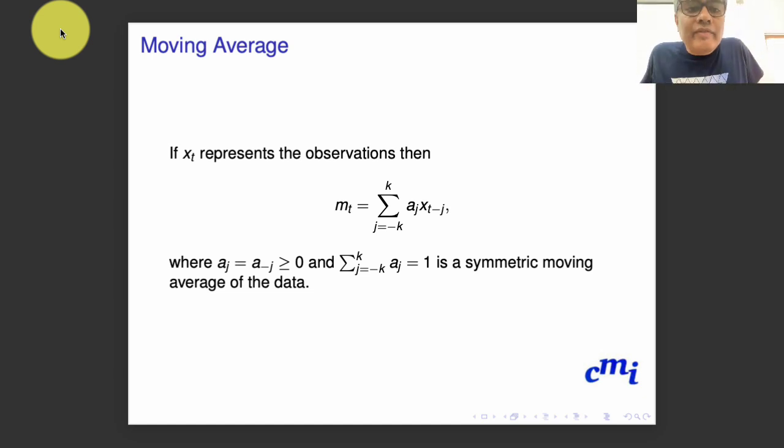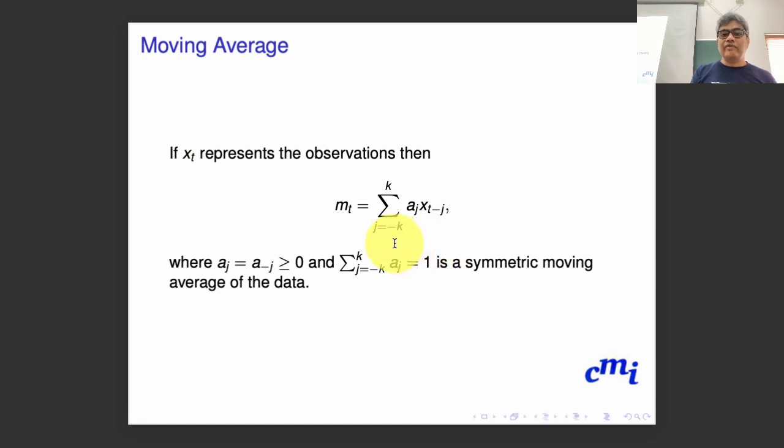So the moving average, you can think of it as effectively a weighted sum of the k consecutive observations, or 2k. I take j from minus k to k.